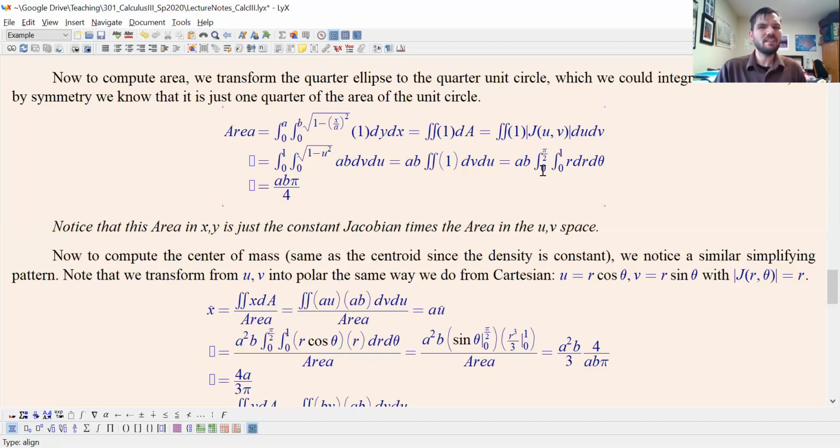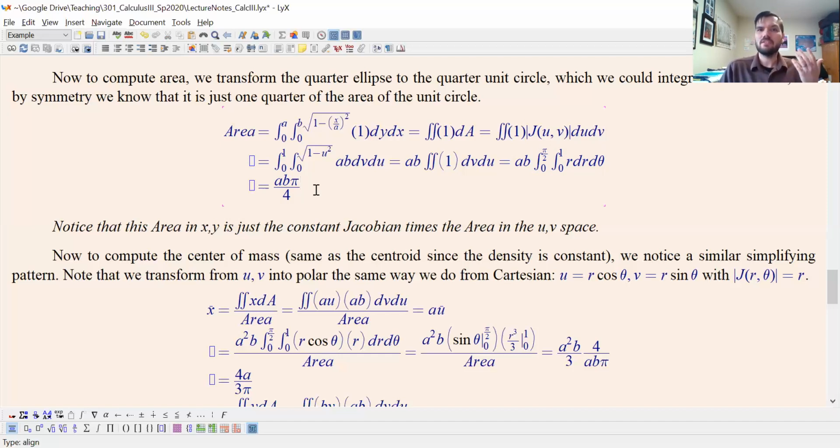Now we don't actually have to integrate here because we know what the area of a quarter circle is, just 1/4 of pi. This is a circle of radius 1, a quarter of the unit circle. So we get ab pi over 4. And see how that is just the Jacobian times the area in the UV space, the pi over 4.